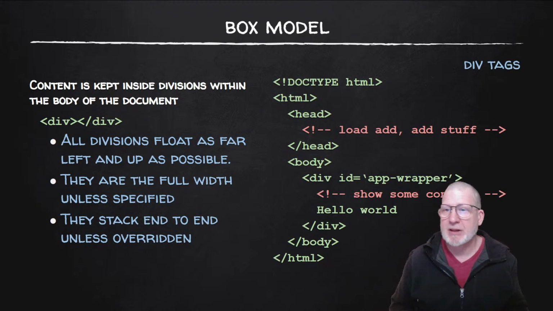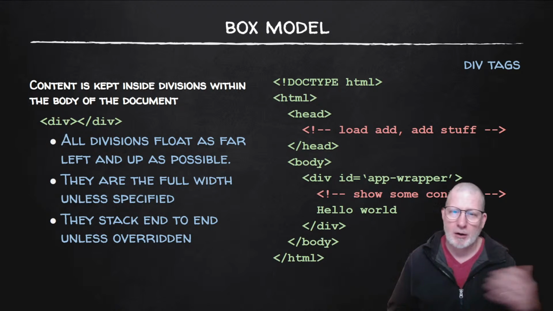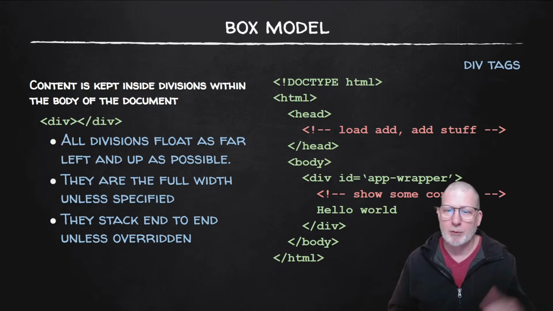Now, as things go, the default rules for how things flow are kind of important to have a good grasp on. The default way things flow is that all divs float as far left and up as possible. This is the default, what we call block level orientation.